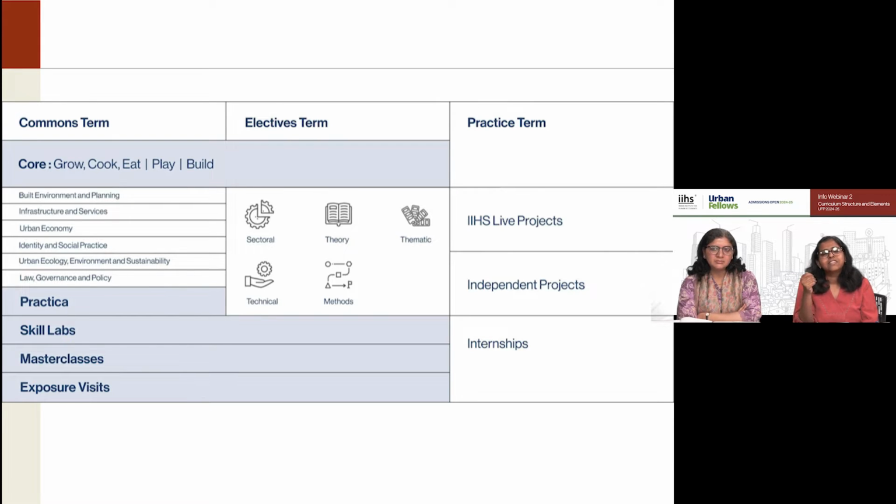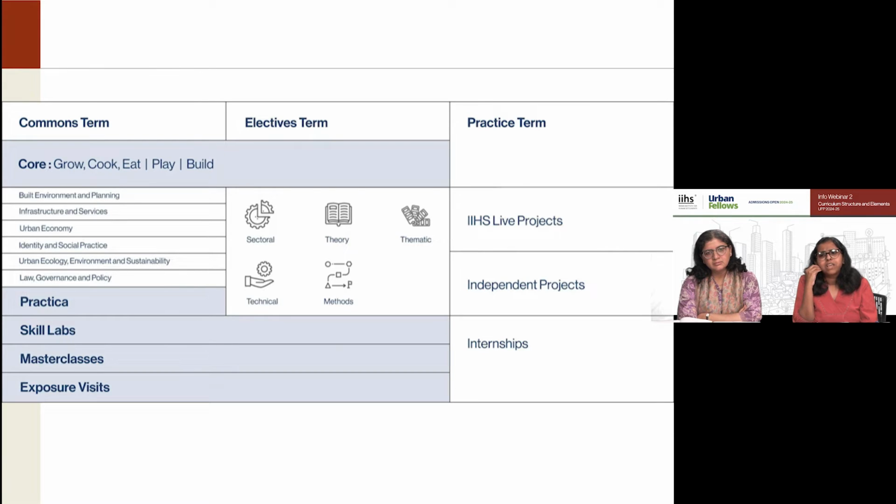It's in this electives term that whatever knowledge, concepts or theory you have gathered from the commons term then helps the fellows to choose 4 to 6 electives across 4 elective cycles of their choice. And then this helps you to move to the third term, the practice term.